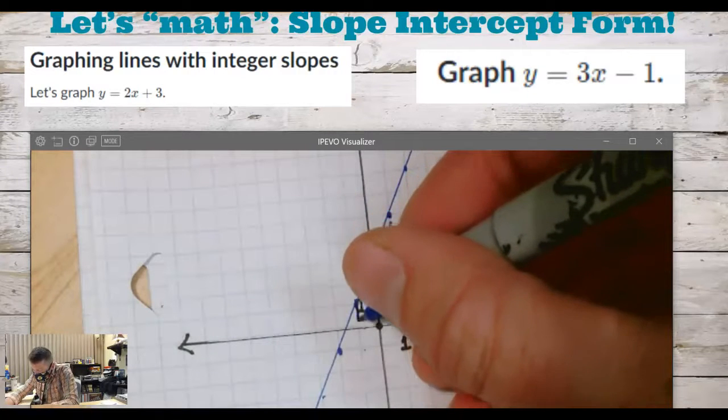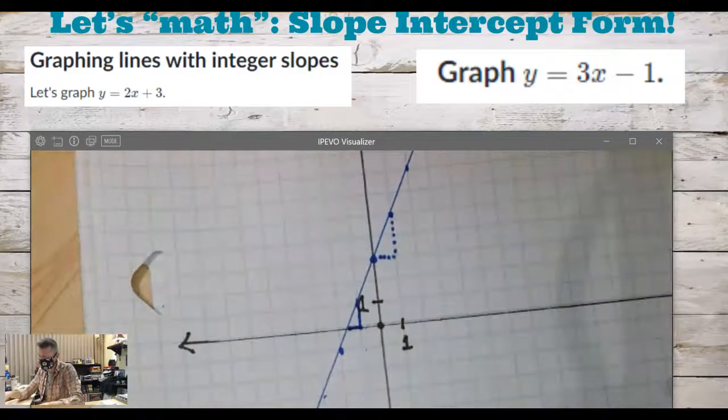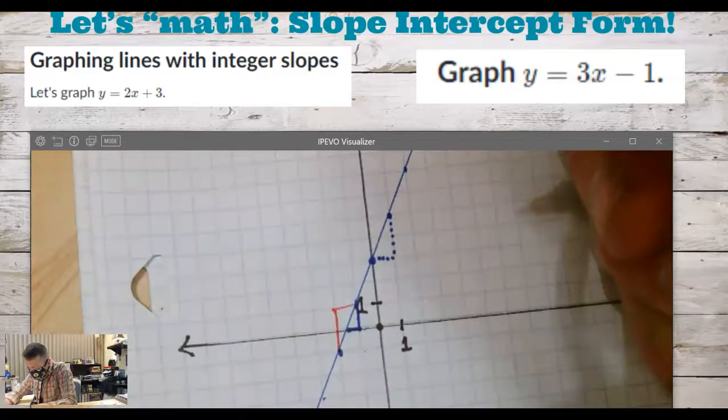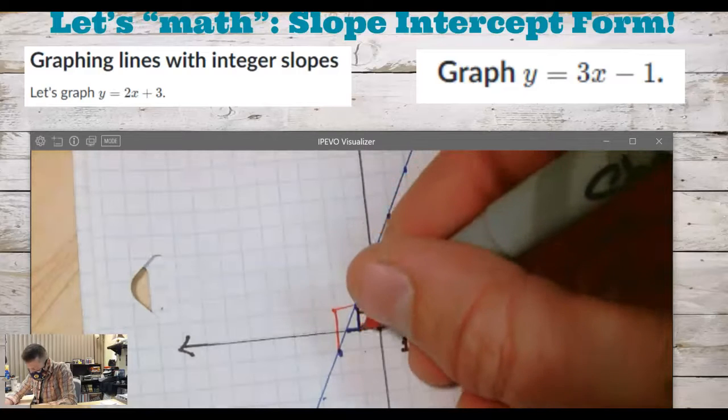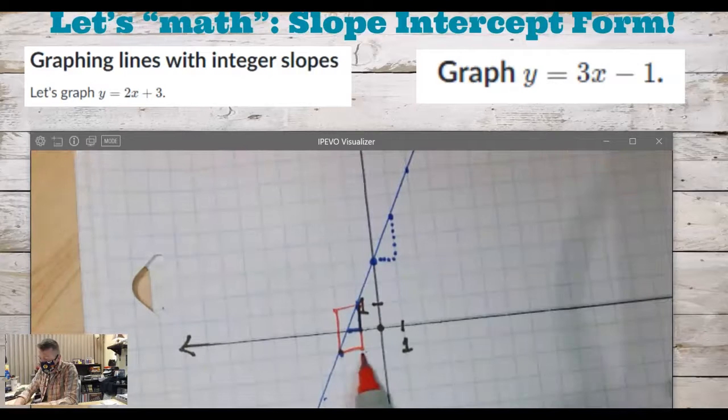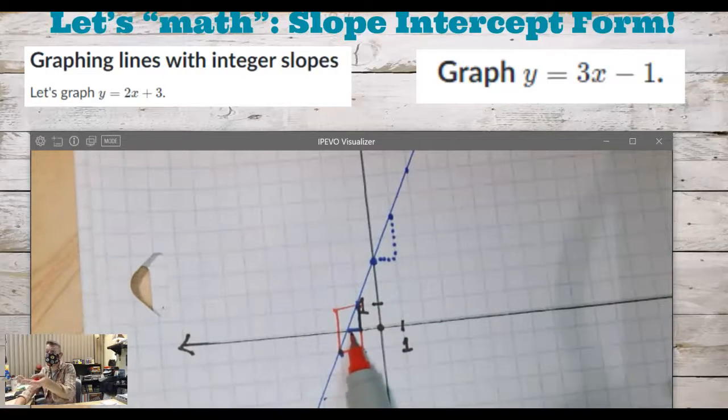What if I only go down 1 instead of down 2? Like, if this is the triangle that I make, instead of this triangle, I'm just trying to draw it the other direction so we can compare. Well, instead of going over 1, what would this over be? A half! Yeah!